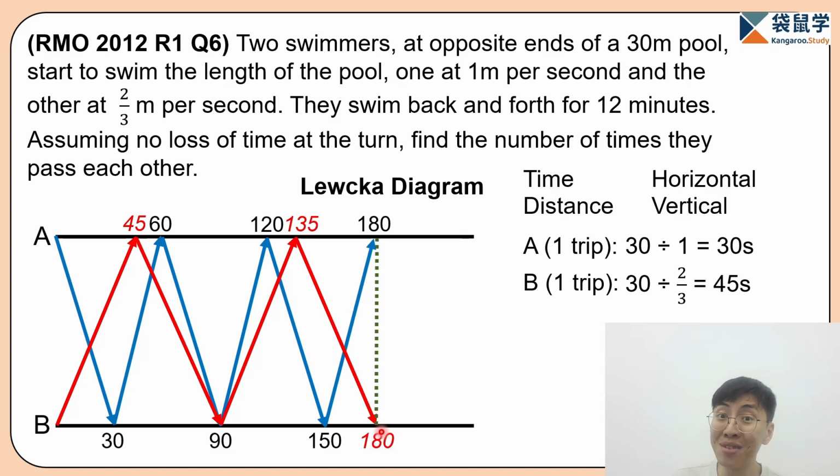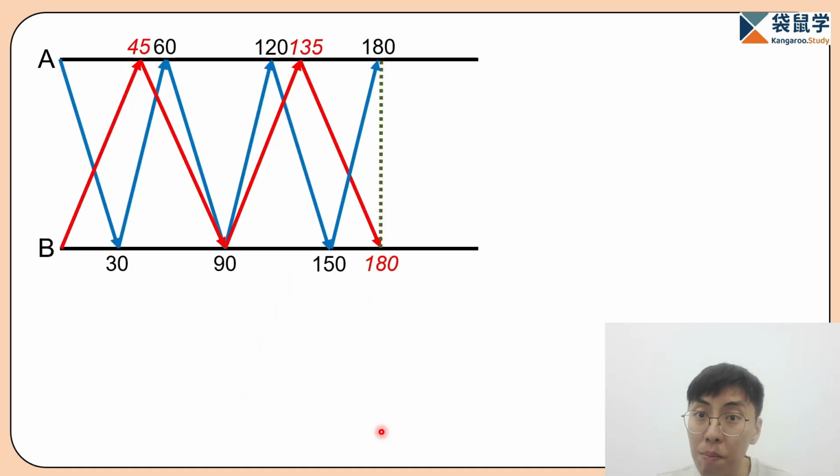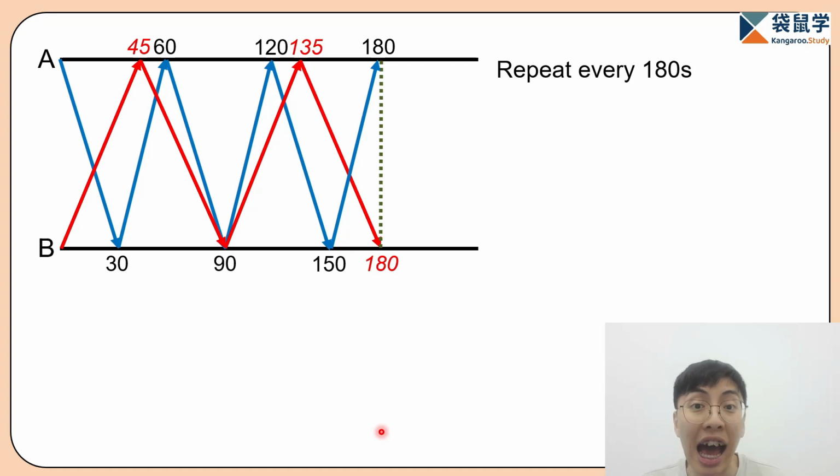Now we look at it. We see that every 180 seconds is just one pattern. So now we can take a look at how many times did they pass each other within this 180 seconds. How do we determine that?